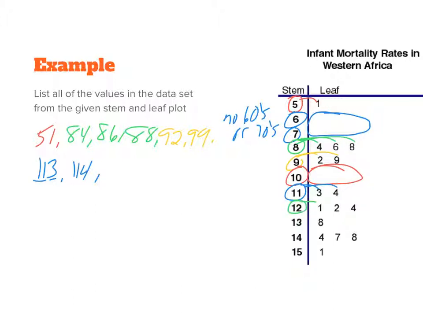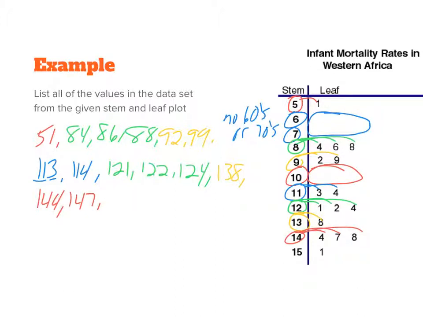For a stem of 12, we've got 121, 122, and 124. For a stem of 13, we've got 138. Stem of 14, we've got a 144, a 147, and a 148.